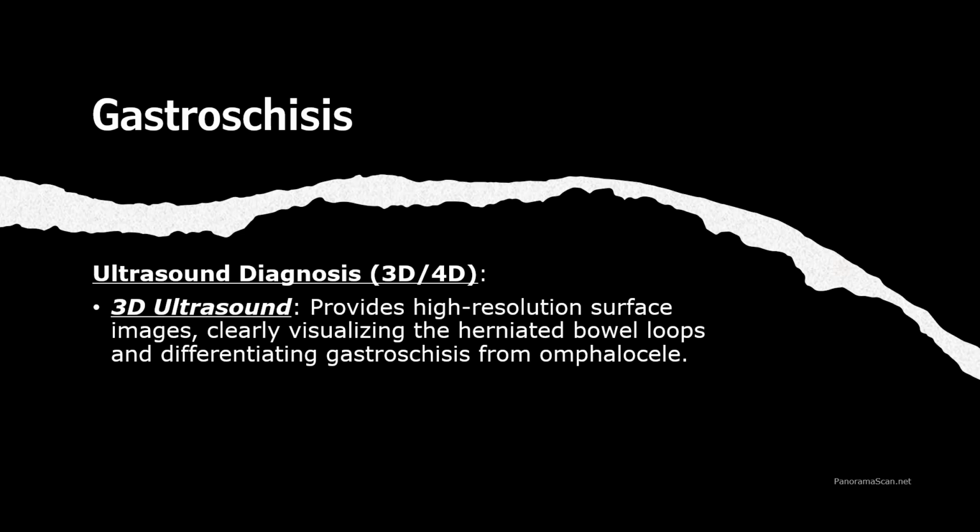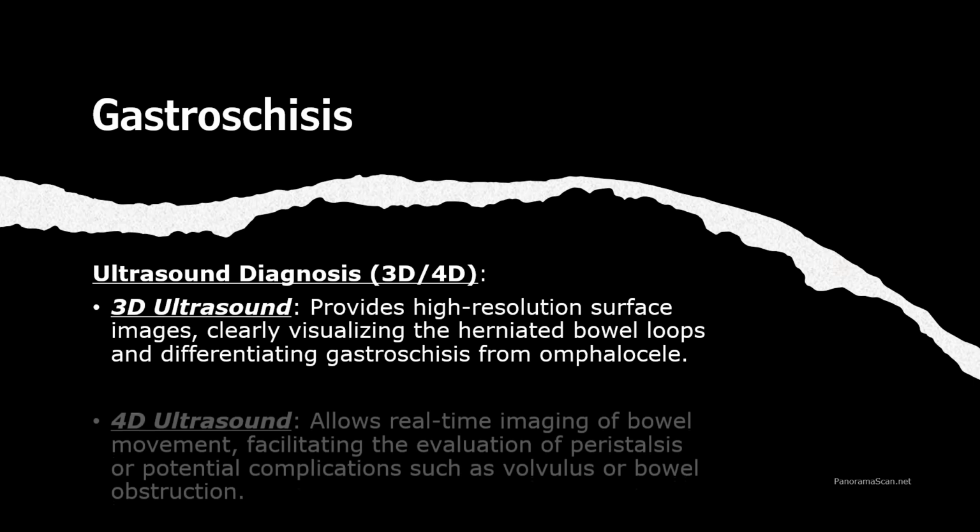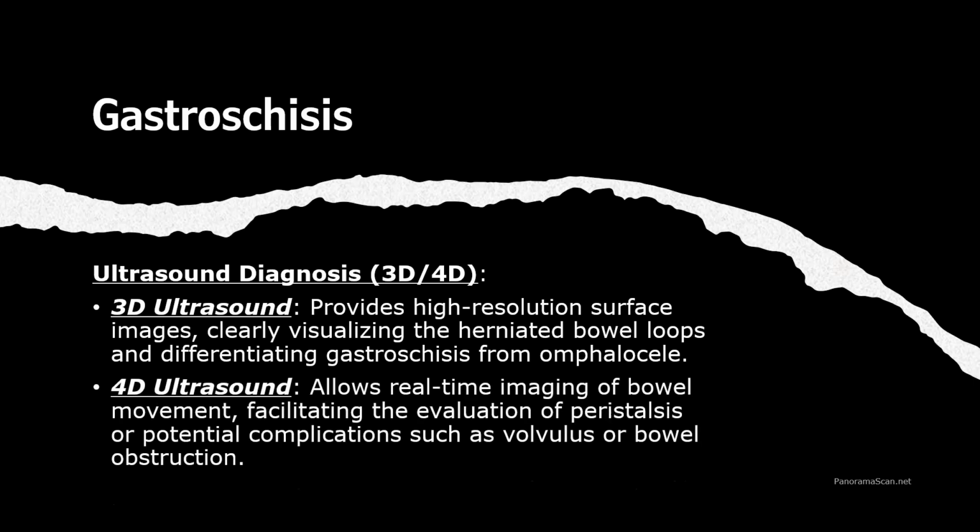This advanced imaging technique helps confirm the absence of a covering membrane, which is a hallmark of gastroschisis. 4D ultrasound, on the other hand, provides a dynamic, real-time view of the bowel. It allows us to assess critical features such as peristalsis and the presence of complications like volvulus or bowel obstruction. This dynamic evaluation aids in both diagnosis and planning the appropriate management strategy.